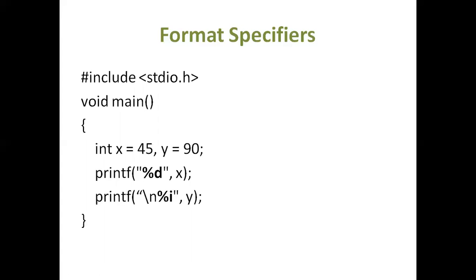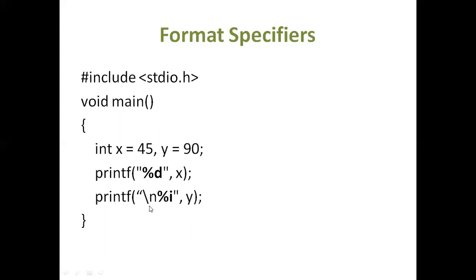Now I want to print the value of x, so I have written printf and double quotations, %d, and then comma and x, closing the brackets and semicolon. In the next line, I will be printing the value of y, so I'll be using the %i.